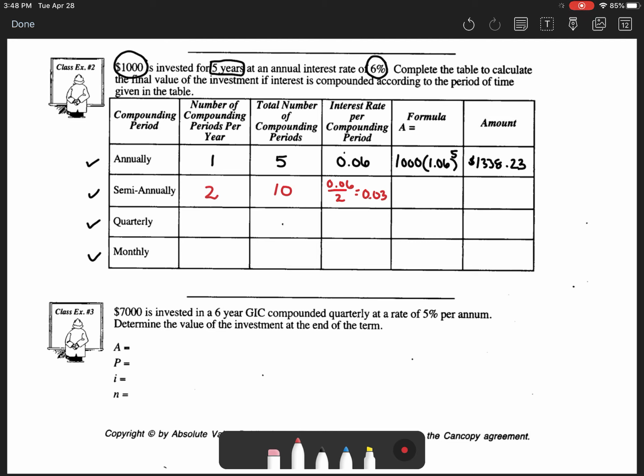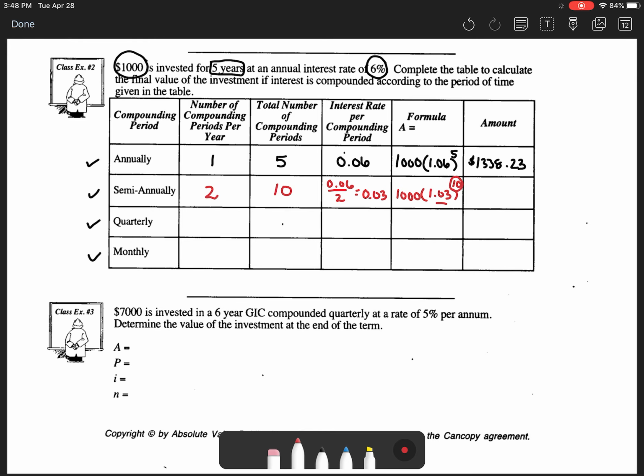Now, every time I collect interest, they're not going to give me 6%. They're giving me 6% for the full year. So what you have to do is take the 6% and divide it by 2, which gives you 3%, right? 3% every 6 months. That changes my formula now.